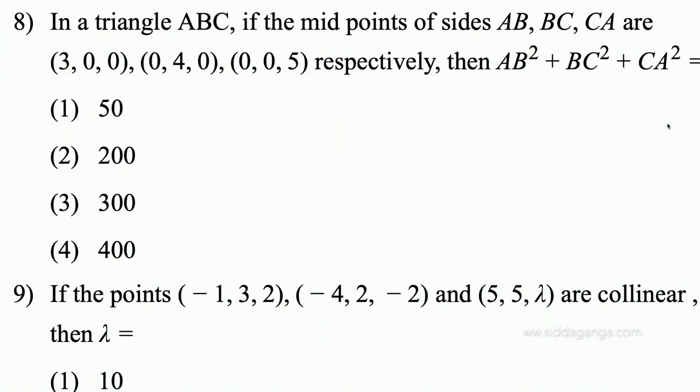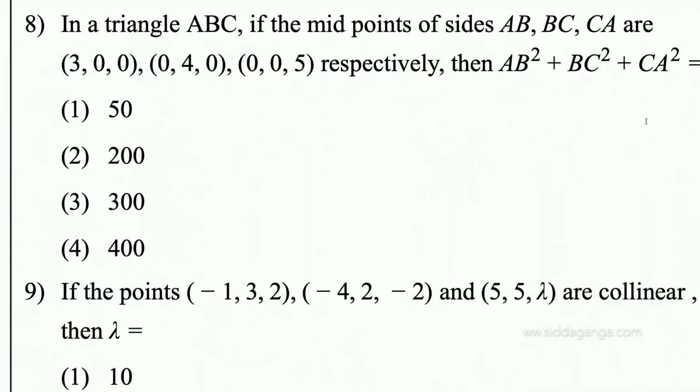Okay, now let's move on to question number 8. In a triangle ABC, the midpoints of AB, BC, CA are (3, 0, 0), (0, 4, 0) and (0, 0, 5) respectively. Then AB square plus BC square plus CA square is what?